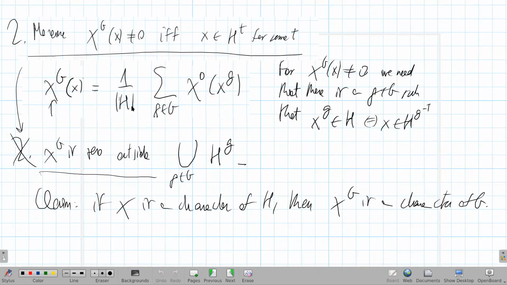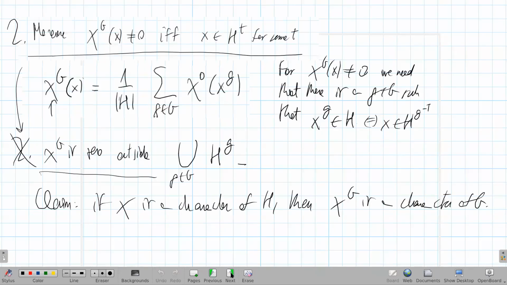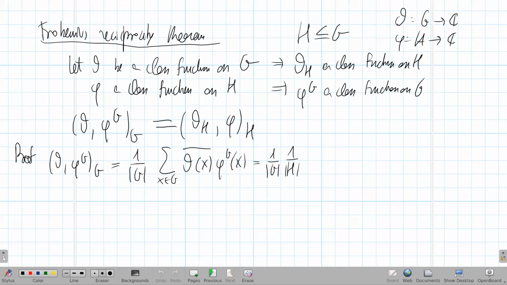So you divide by the order of H, and then you sum over g in G, this phi naught of the conjugate. Okay? So it means that we will have 1 over the order of G, then 1 over the order of H, because this is this 1 over H here. And then we are summing over x in G, theta of x conjugate, phi naught of x to the g. This is what this formula here says.